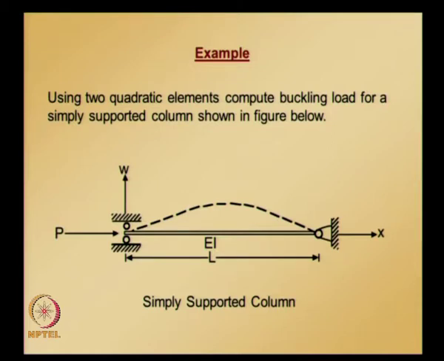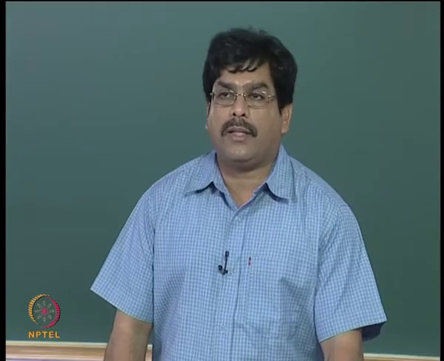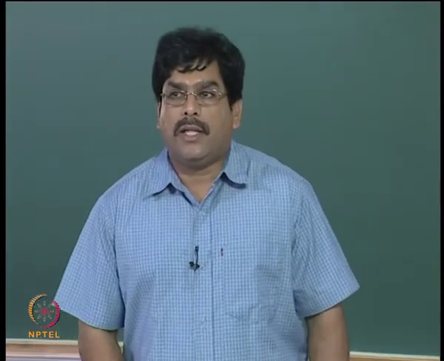When we solved this problem using linear elements, we used 5 nodes. So we will be using 5 nodes here also, except that we will be using 2 quadratic elements, and see how solution accuracy improves.